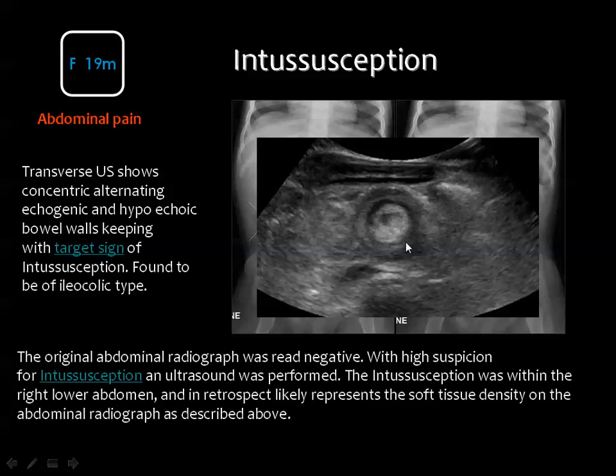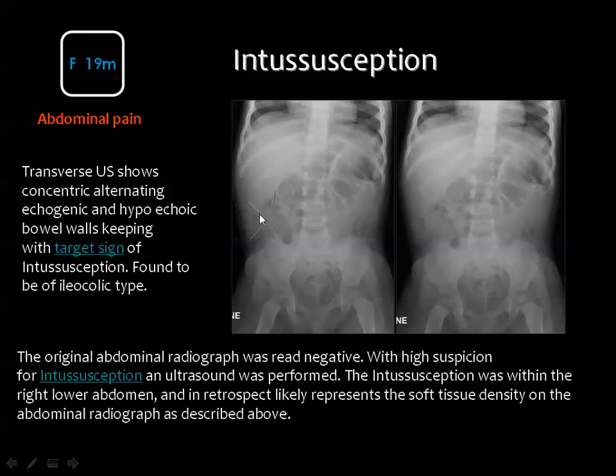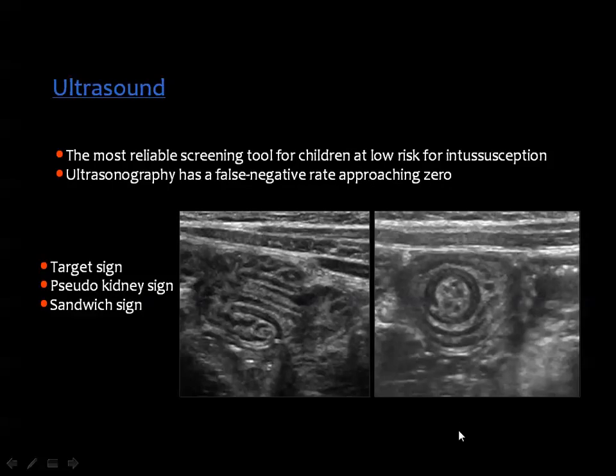Then if you go back to the plain film, you may suspect that this is the probable site of intussusception. But ultrasound is a very good modality for diagnosis of intussusception. In the cross-sectional view, you see the target sign, and in the longitudinal view, you see the loop which has telescoped into the adjacent loop.